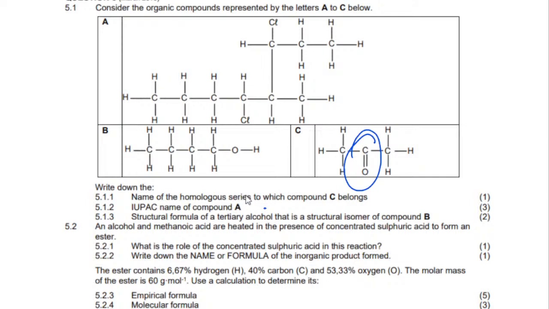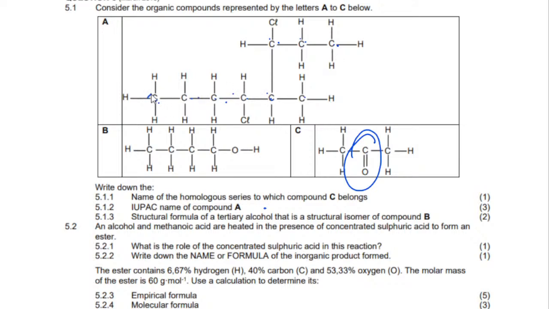So it seems that you won't be able to fail anything related to naming. So what are you supposed to do? First, identify the longest chain. Let me show you how you name it, the same way I named the other one. 1, 2, 3, 4, 5, 6, 7, 8.